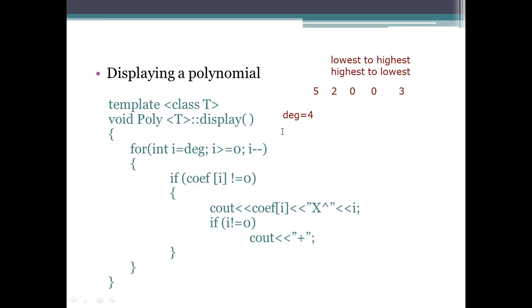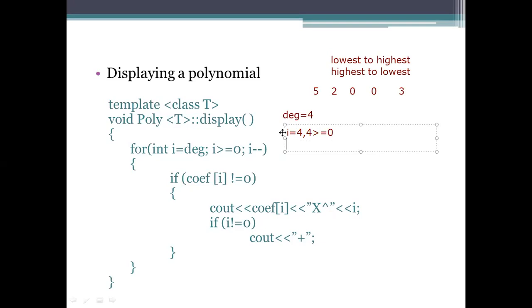First of all, i equals 4 here. We check whether 4 is greater than or equals to 0. It is. Then we need to check that the coefficient of i is not equals to 0.